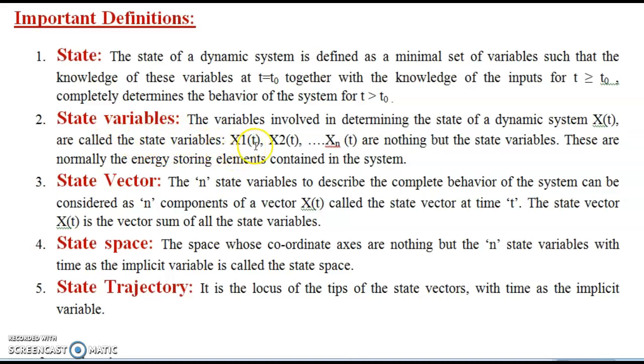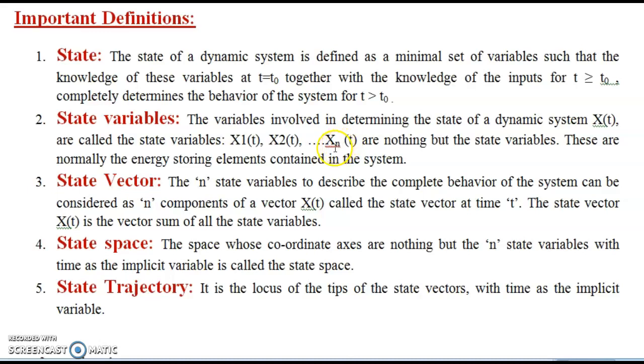For example, x1 of t is one variable, x2 of t is a second variable, up to xn. Say two voltages are there, V1 and V2: X1 is equal to V1, X2 is equal to V2. Two currents are there, then X3 is equal to I1, X4 is equal to I2.